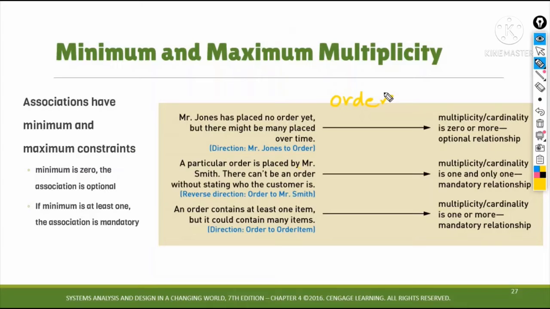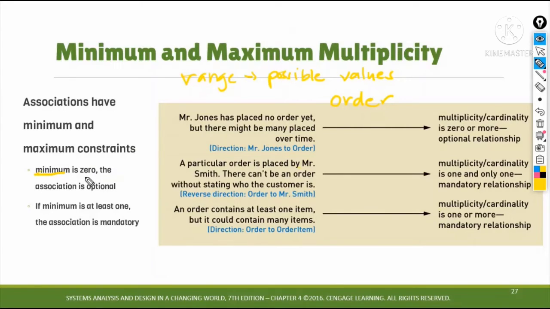It is important to describe not just the multiplicity, but also the range of possible values, or the minimum and maximum multiplicity.